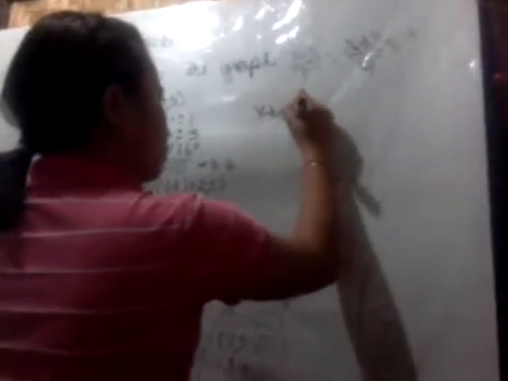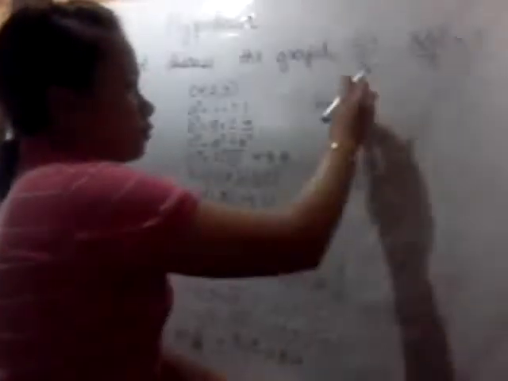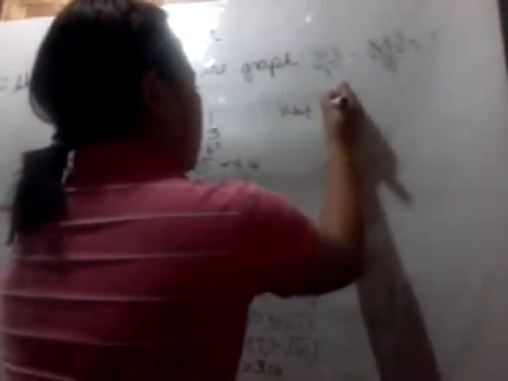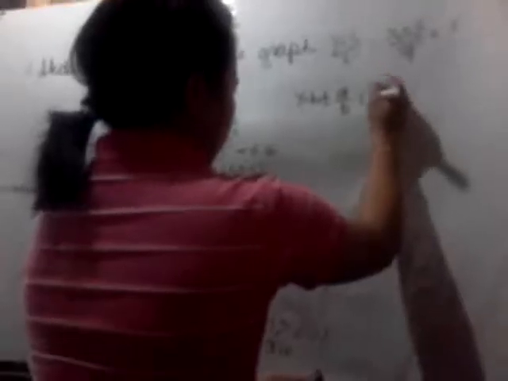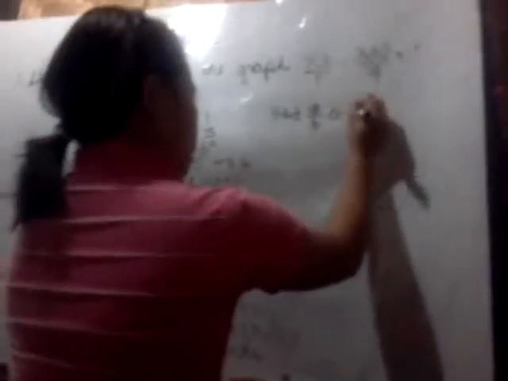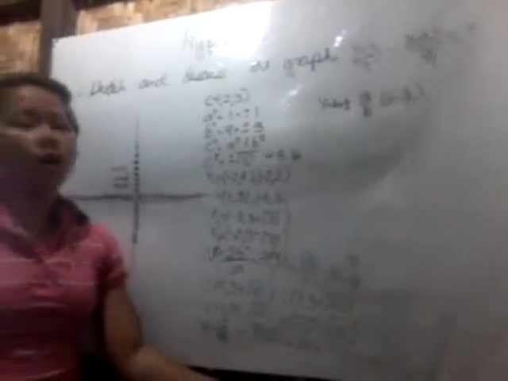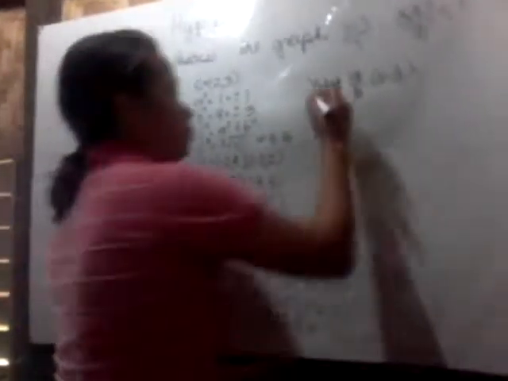The asymptote now is a over b and h. So this is the formula of the asymptote.